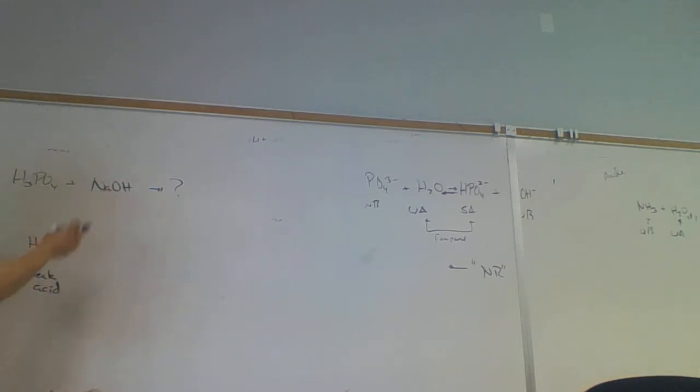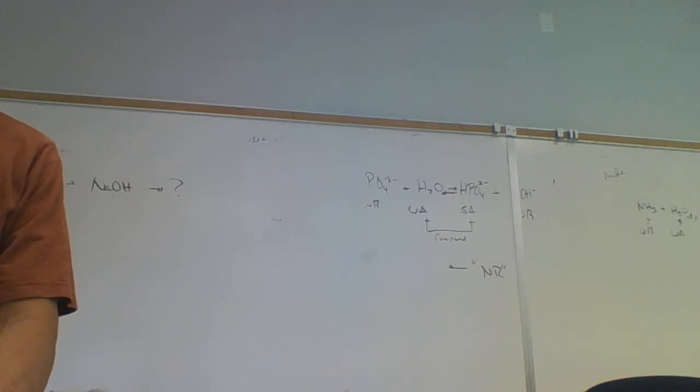However, sodium hydroxide, that's an ionic lattice. Can water break apart the lattice? Is sodium hydroxide soluble in water? Yes. And when sodium hydroxide dissolves in water, what happens to the lattice? It's completely broken apart.